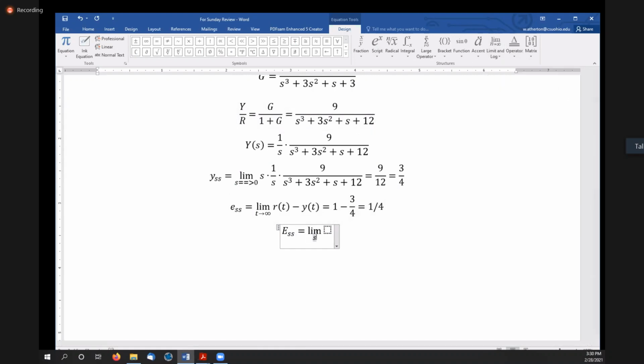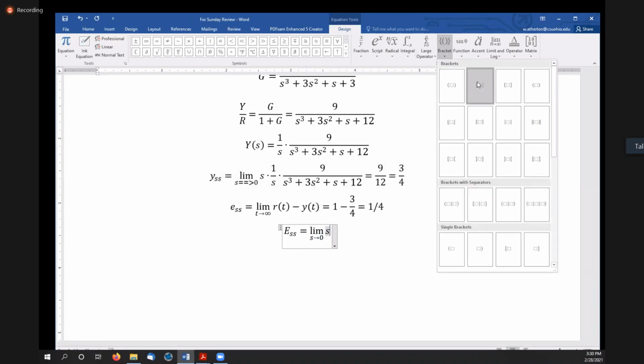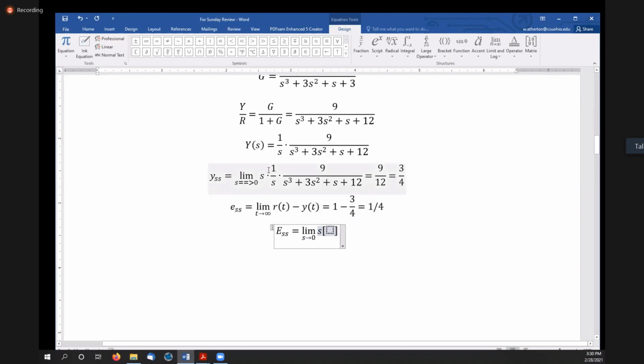Limit as s goes to 0, s times the input. Input is 1 over s minus the response, which is this.